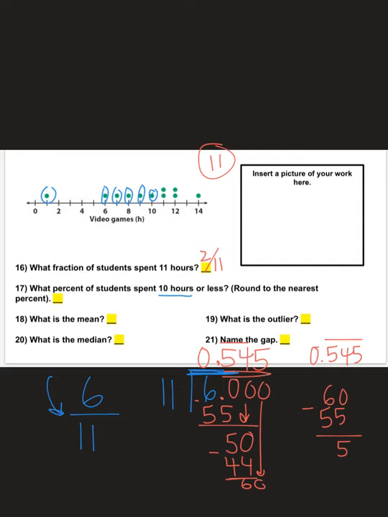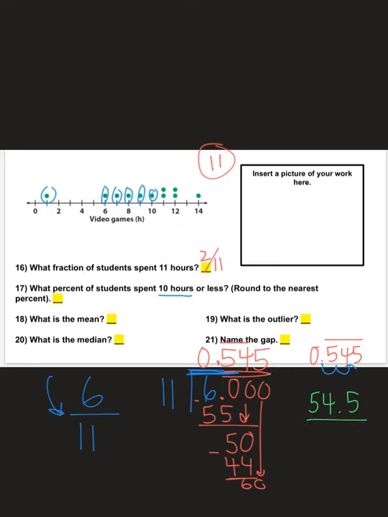So from a decimal to make it into a percent, there's 2 different ways you could do it. You could either take 0.545 and multiply by 100, or you can just move your decimal to the right 2 places, which would make this 54.5. Okay, so either 2 ways you could get this 54.5.